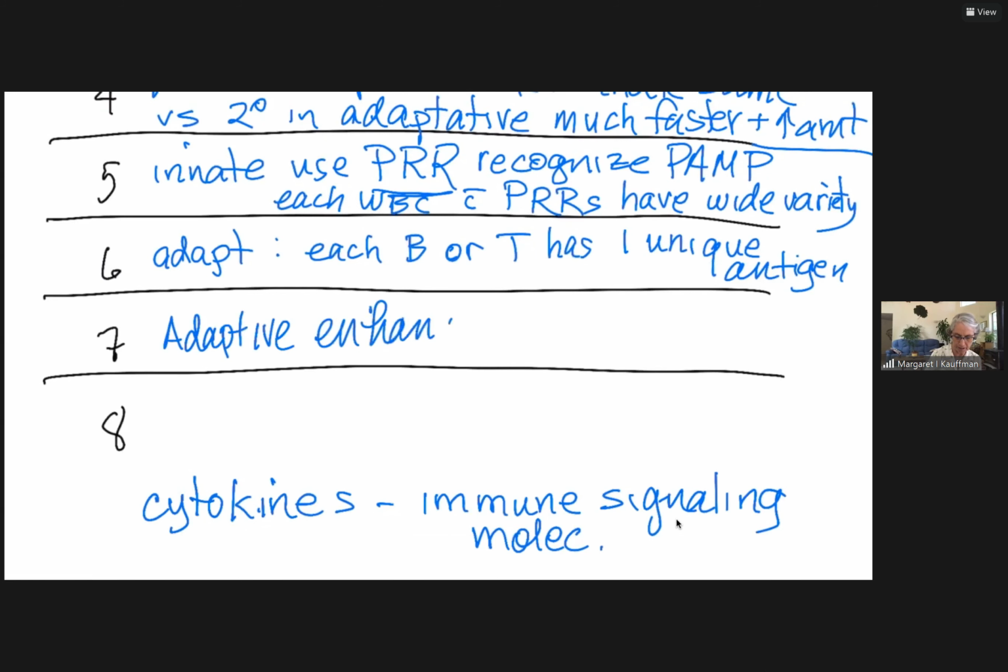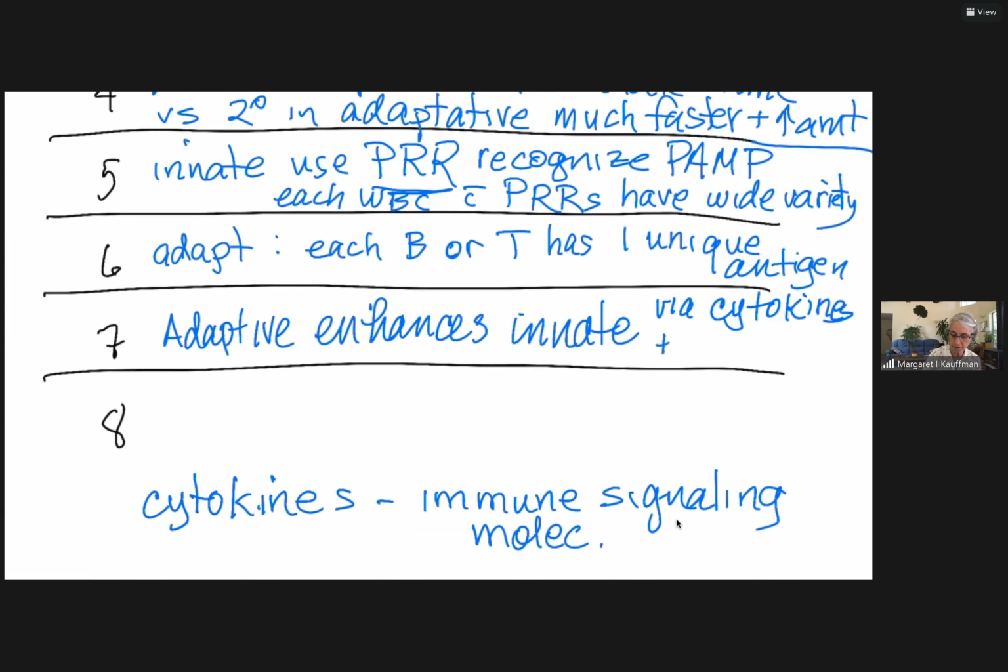What I mean by enhance is you'll get a stronger innate response if you've got your adaptive. Now, one way it does it is through signaling molecules, so I'll put via cytokines. But it can also do it with antibodies.